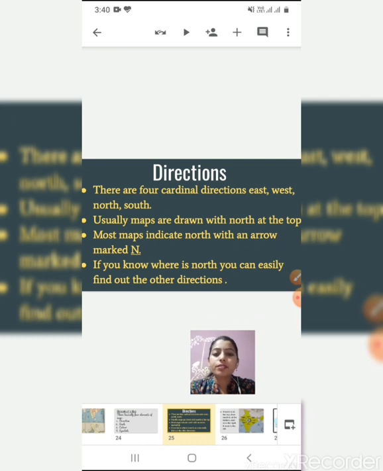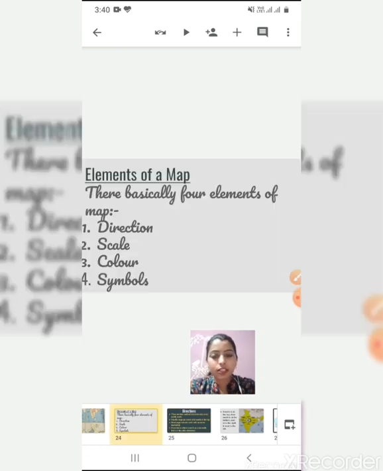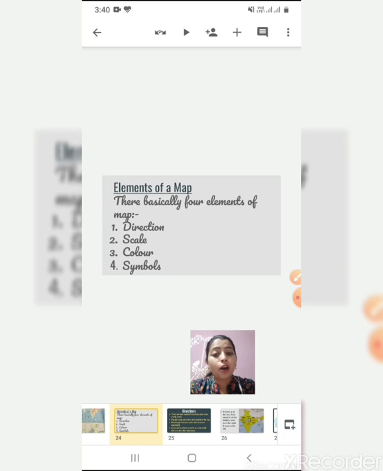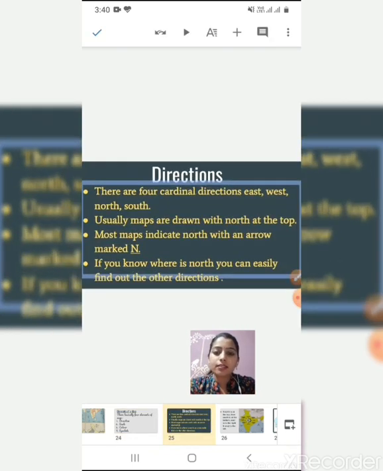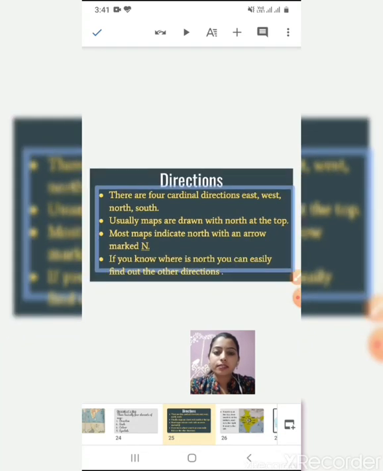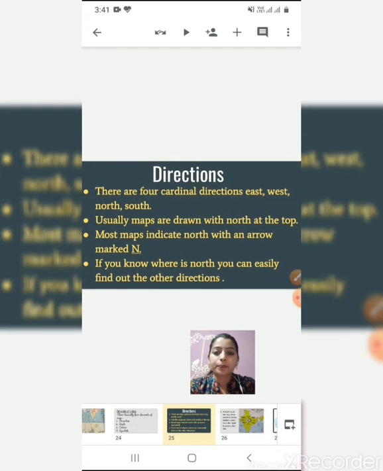First of all, we have directions. First of all, tell me how many elements are there? There are total 4 elements. First one is direction, scale, color and symbol. So first one is direction.